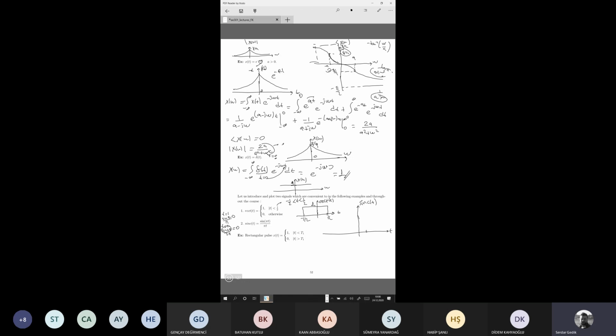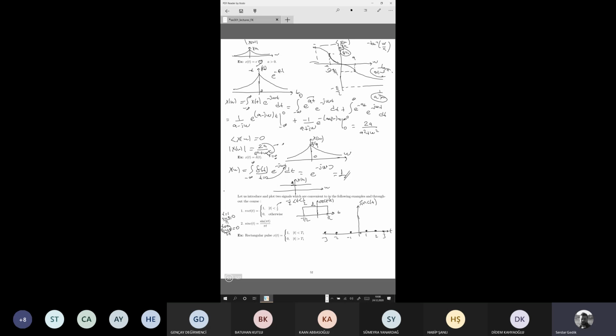I have shown that at plus 1, plus 2, plus 3, minus 1, minus 2, minus 3, the signal is all 0. So it will pass through those points. So what about t equals 0?